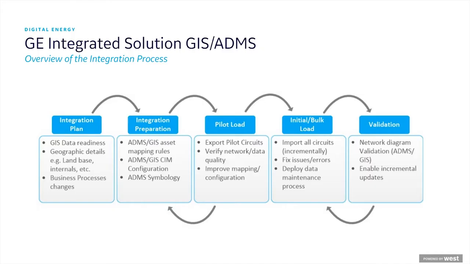For the preparation, we had to create two sets of asset mapping rules, from our existing GIS into Electric Office and then from Electric Office into Power On. We've set up the SIM configuration. That is a significant piece of work that Malcolm Osborne from GE has undertaken and succeeded with. And we've used an ADMS symbology that was derived for a manually drawn network, which provides some interesting challenges.